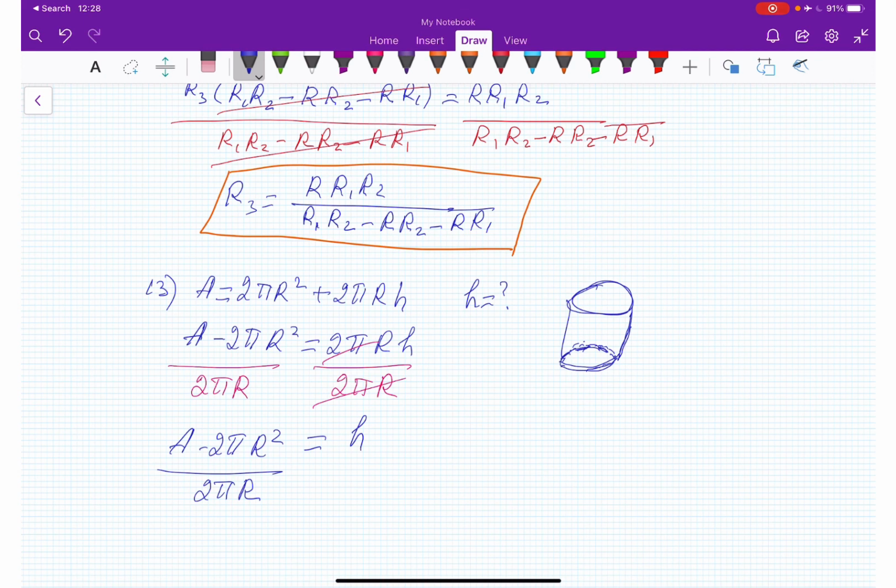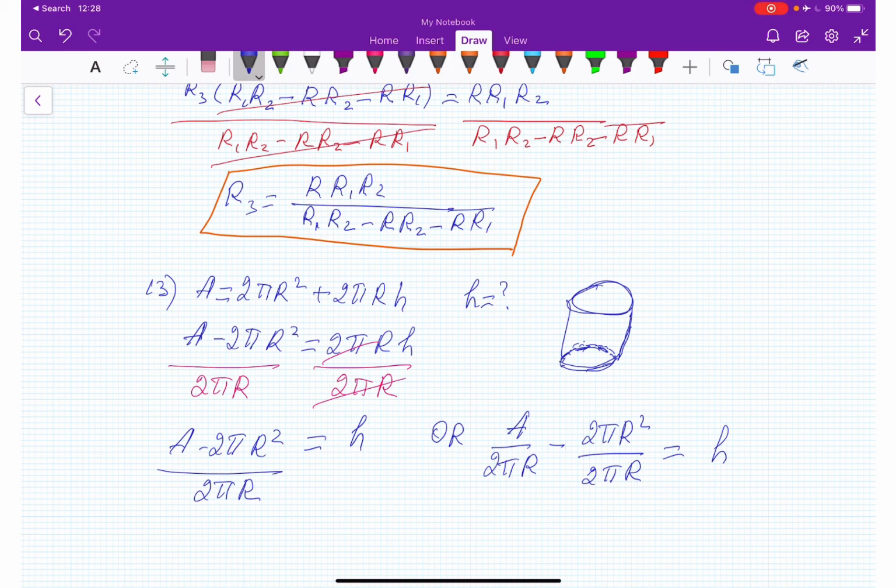Or see, I have here 2 pi r squared, at the bottom 2 pi r. If you want to simplify, separate them, it's going to be A over 2 pi r minus 2 pi r squared over 2 pi r, and that is equal to h.